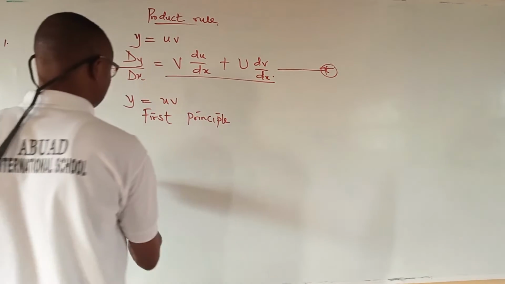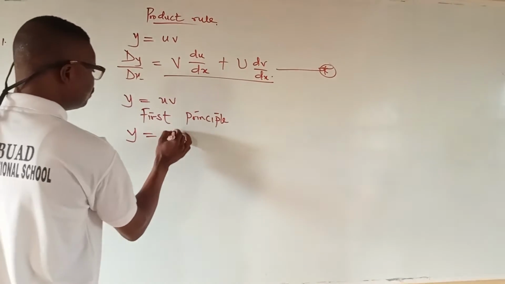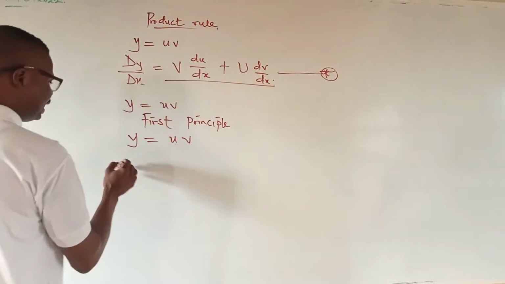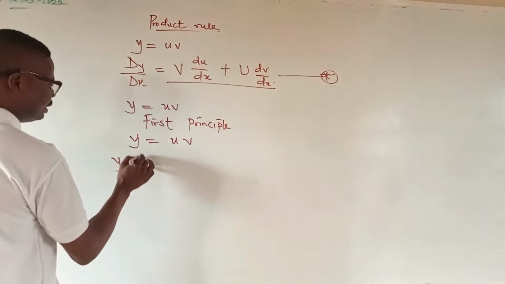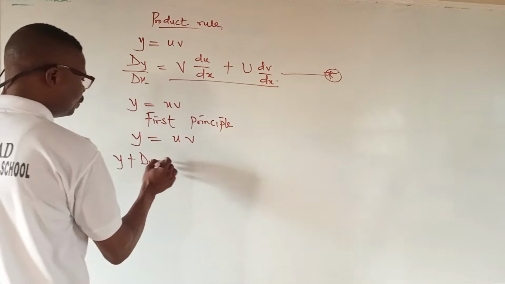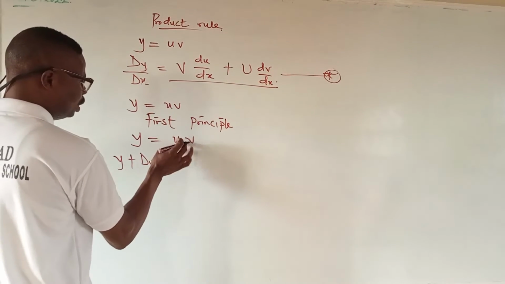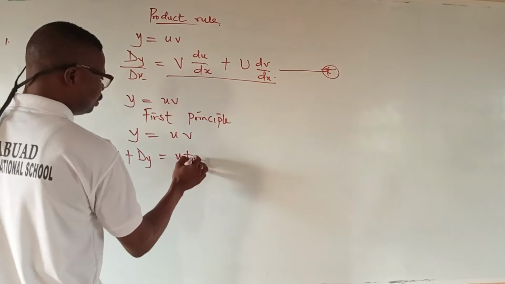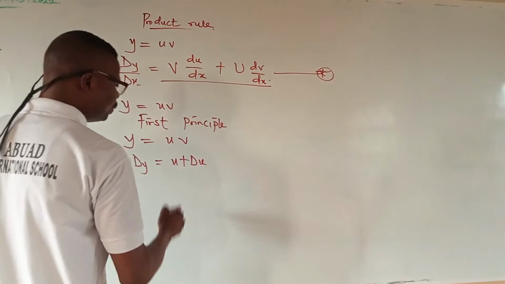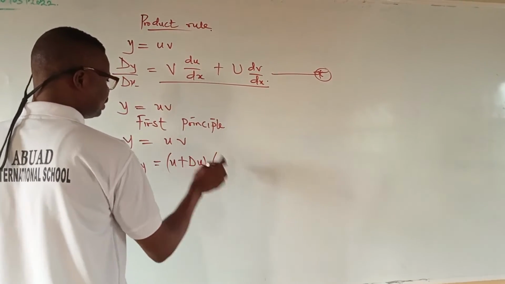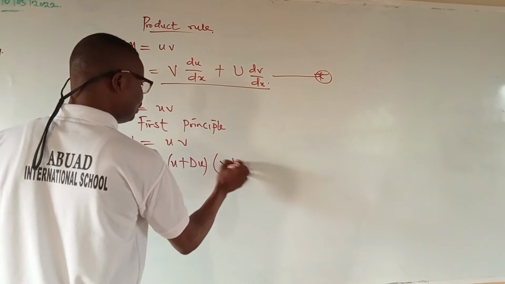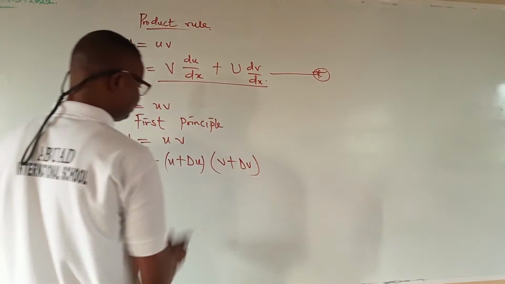How? Let's show. If y equals uv, we are expected to have y plus dy, dy being the variable, equals u plus du, multiplied by v plus dv.